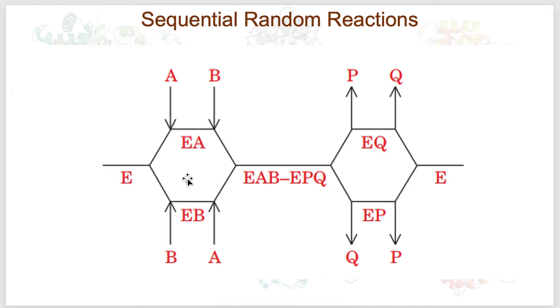If you see this representation, say this is the enzyme, the reaction can proceed in this direction: first A can bind, then B can bind, or in this direction, first B can bind, then A can bind. Then the ternary complex is formed, reaction intermediates are formed, and from this complex either P can be released first, then Q, or Q can be released first, then P. There is no order.